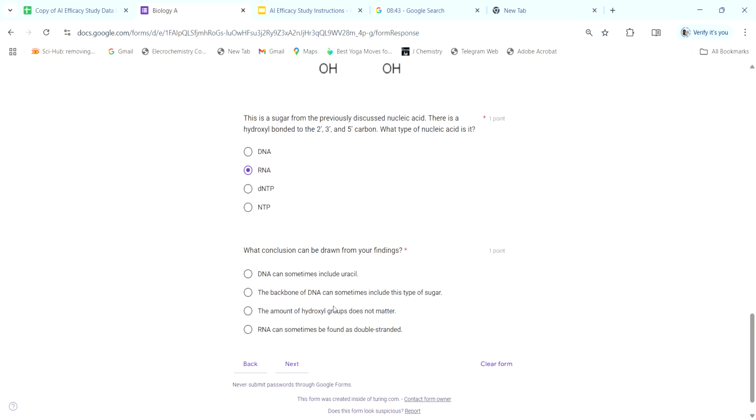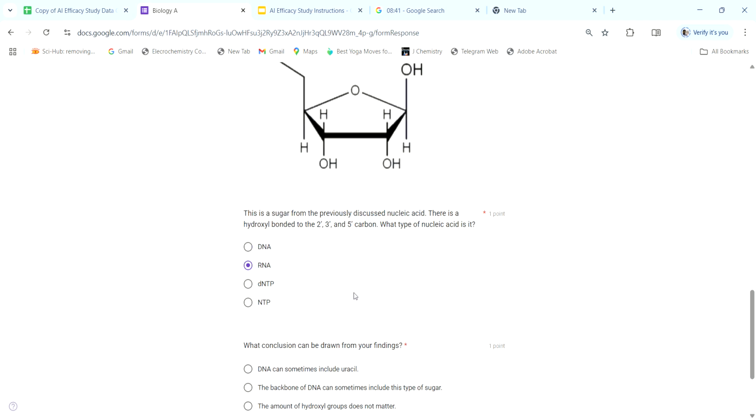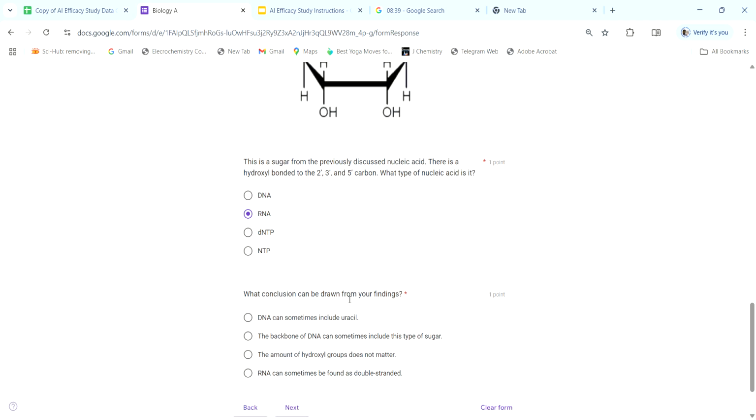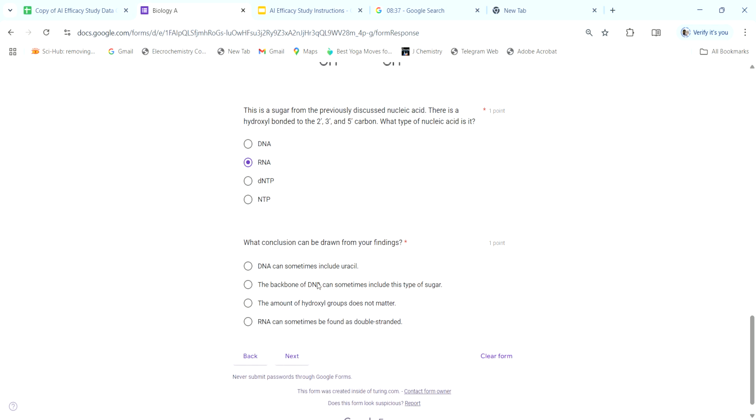What conclusion can be drawn from your finding? DNA can sometimes include uracil. The backbone of DNA can sometimes include this type of sugar. The amount of hydroxyl groups does not matter. RNA can sometimes be found as double-stranded. So according to me, this should be the backbone of DNA can sometimes include this structure.